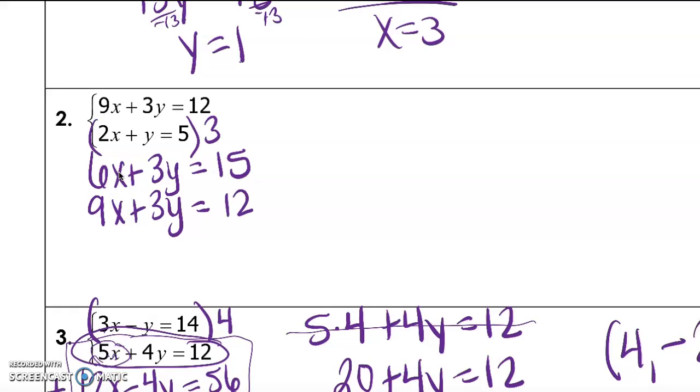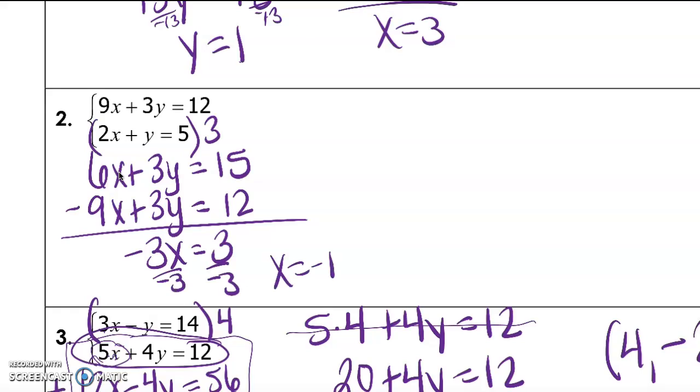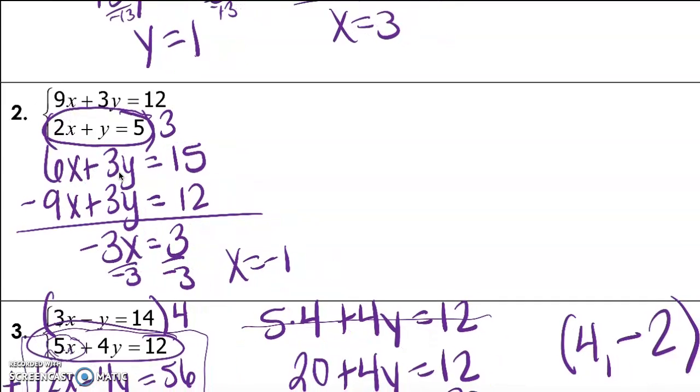So now I know the 3y's need to cancel, so I need to subtract. 6 minus 9 gives me negative 3x. 15 minus 12 gives me positive 3. Divide. X equals negative 1. So it's going to be easiest to plug x into that bottom original equation.